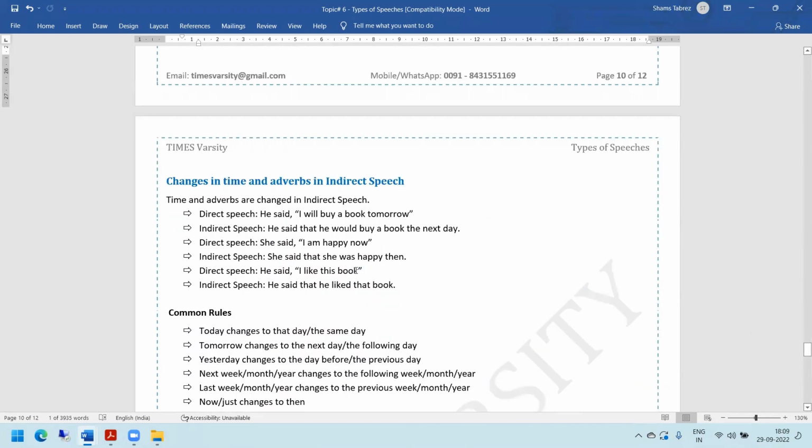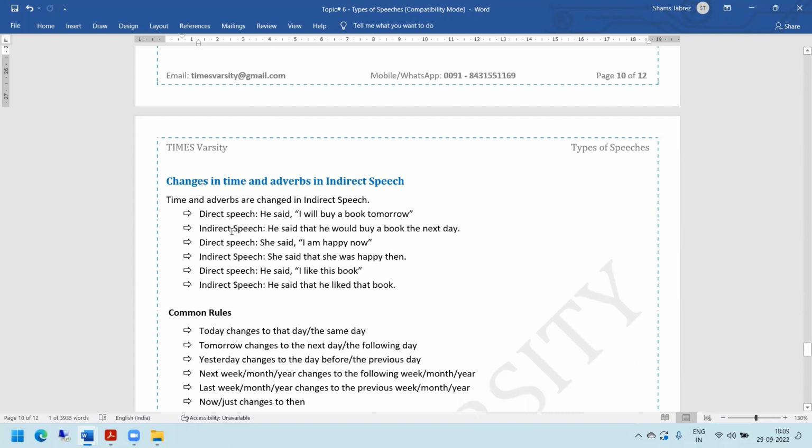All right. Now, changes in time and adverbs in indirect speech. Time and adverbs are changed in indirect speech. One example, direct speech: He said, "I will buy a book tomorrow."